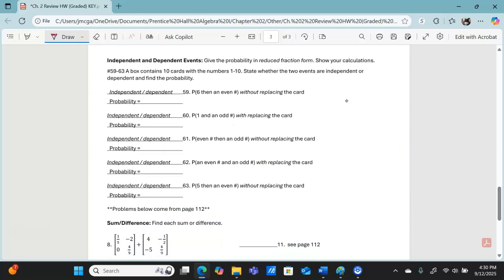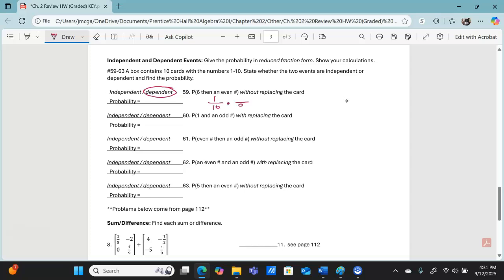And in this section we had to tell whether it was an independent or dependent event. If you do not replace the card, it's dependent because one thing affects the other. The second pull is dependent upon the first pull. It depends on what you pulled in the first one. So you've got numbers 1 through 10. On the first pull, you pull a 6, and there's only one 6 in there.